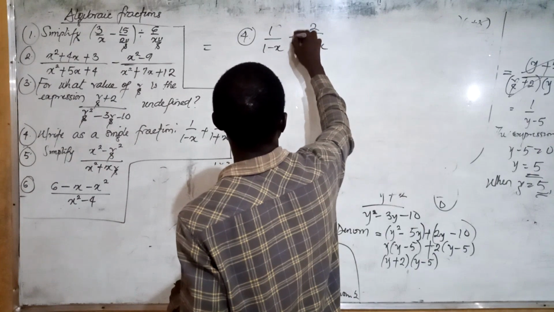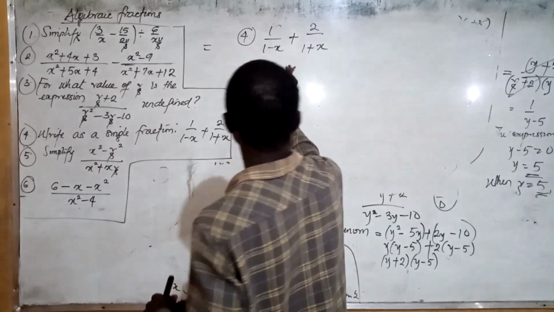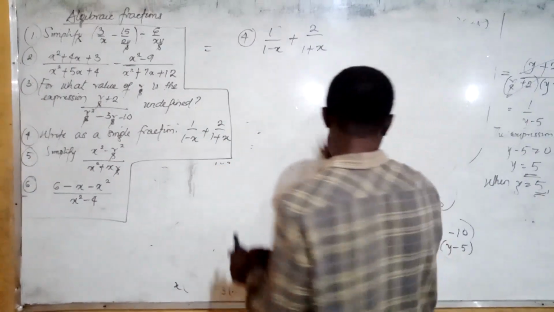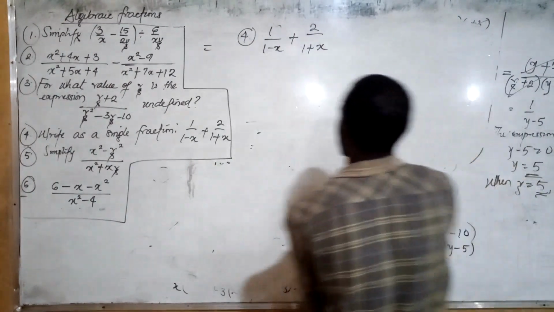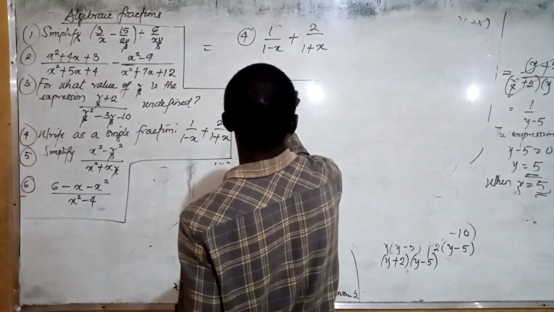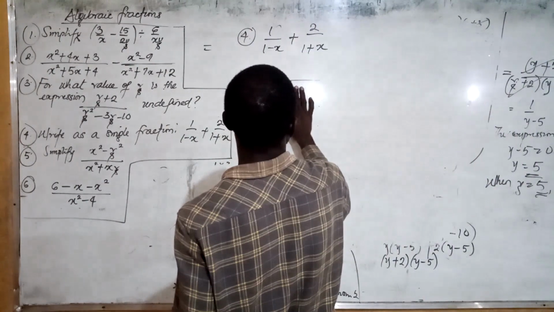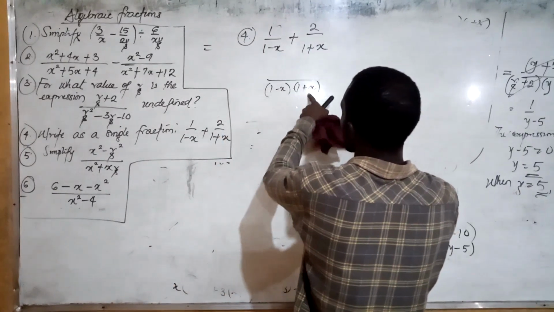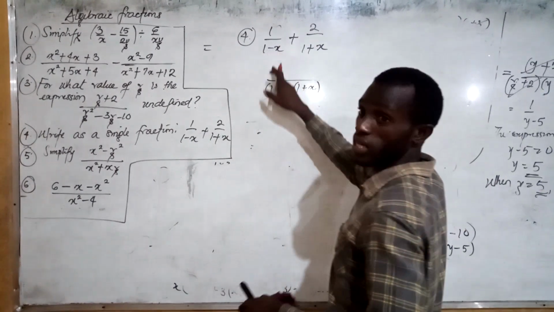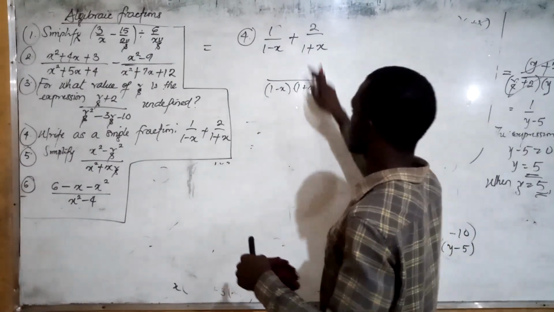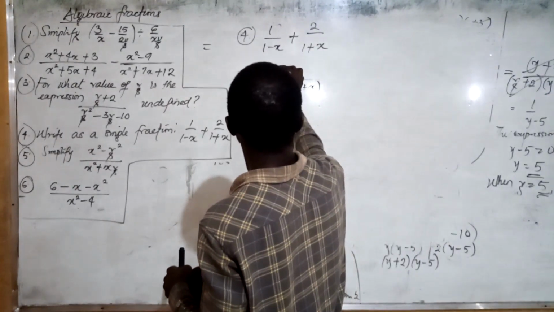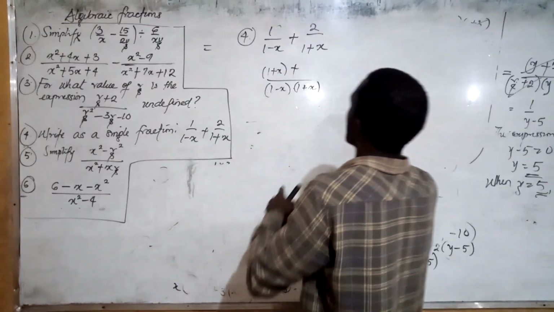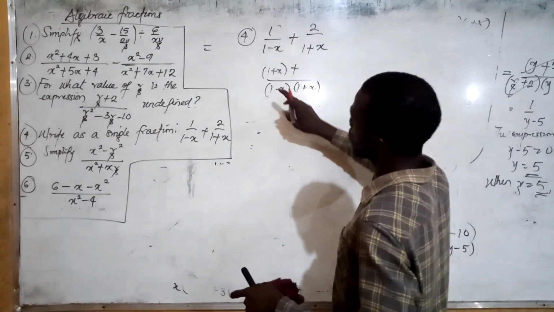We basically find the LCM, alright? The LCM of that is going to be the multiplication of both, that will be 1 minus x and 1 plus x. So 1 minus x in both of these will give us this. 1 plus x in both of these will give us this.